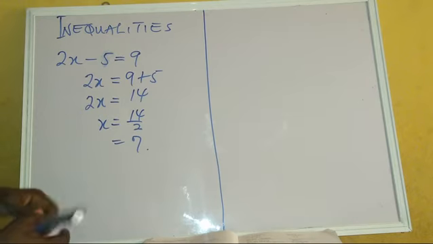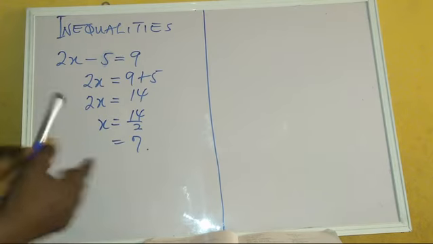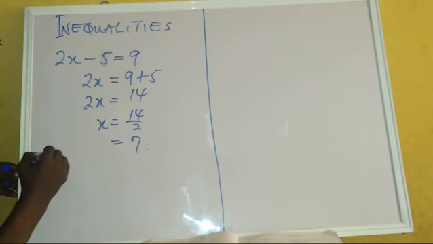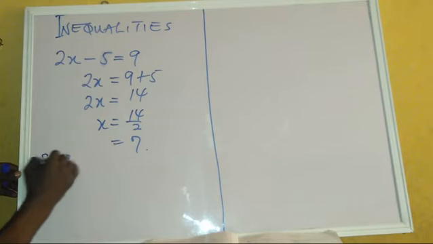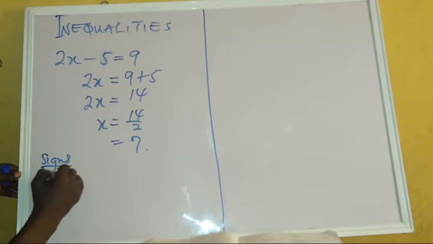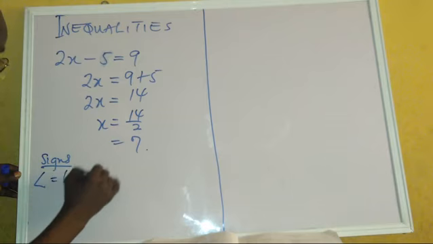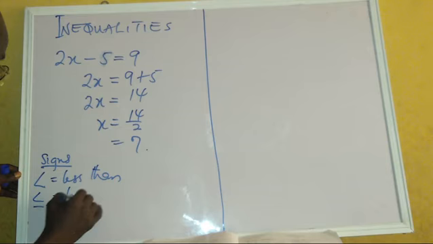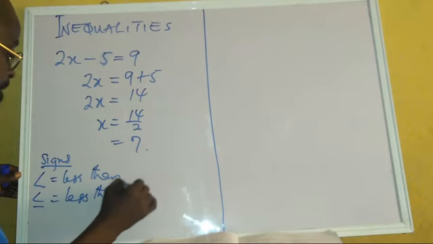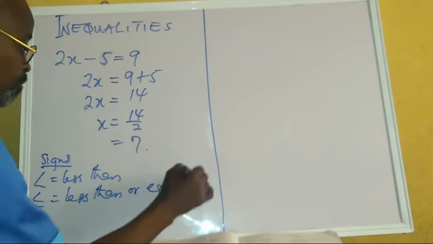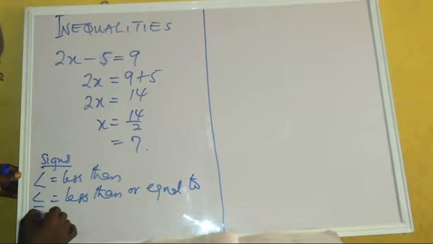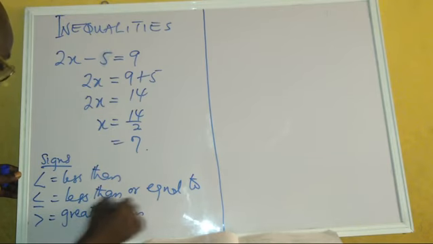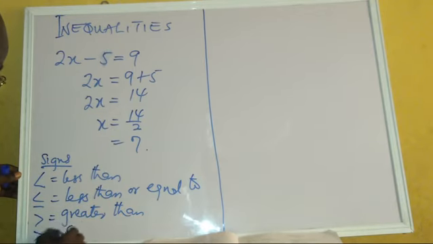So the same thing applies to inequalities. The major difference is the sign. What are the signs we have? We have less than, less than or equal to, greater than, and greater than or equal to.